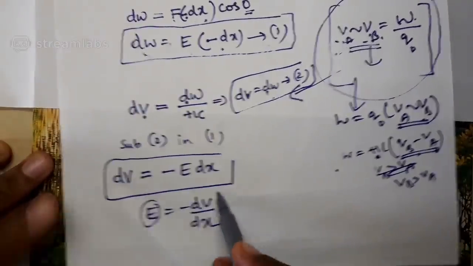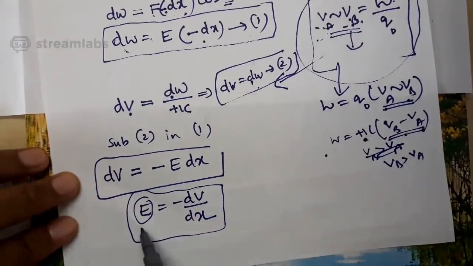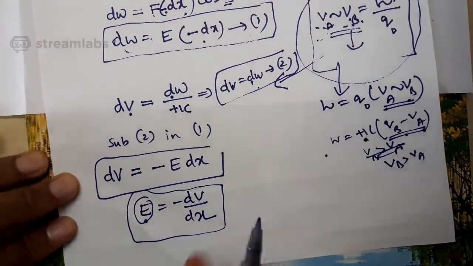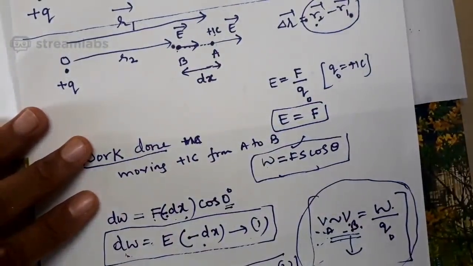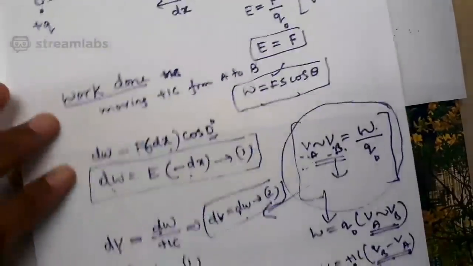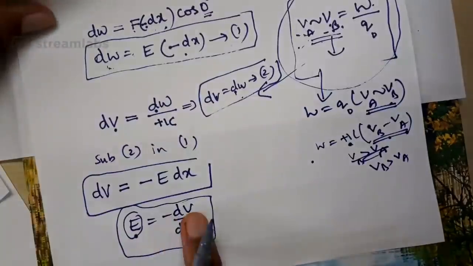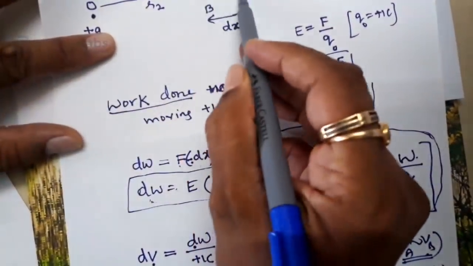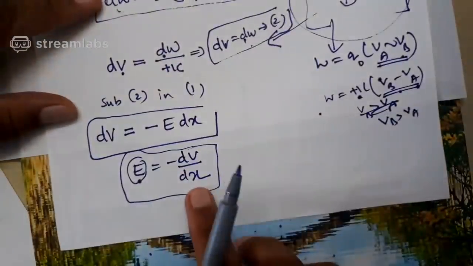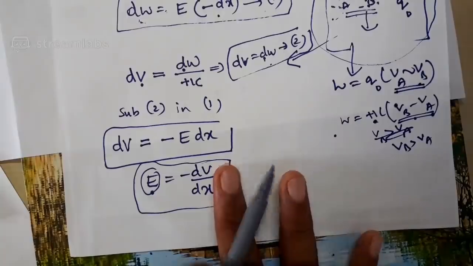This E is equal to minus dV by dx. In this formula, E is representing the electric field in the region between A and B. And dV in the formula is representing the potential difference between the 2 points A and B. dx is representing the distance between the same 2 points.